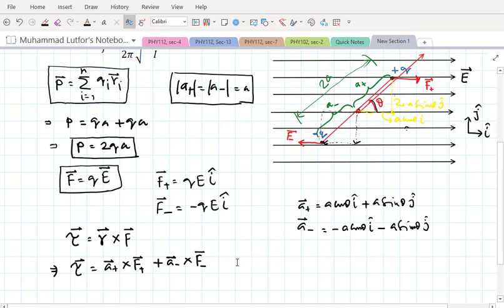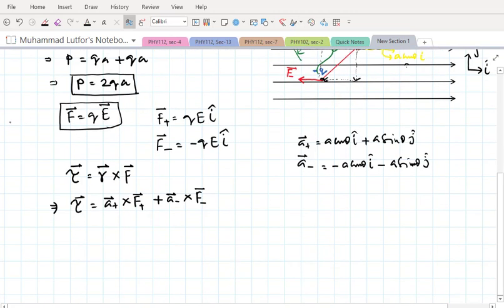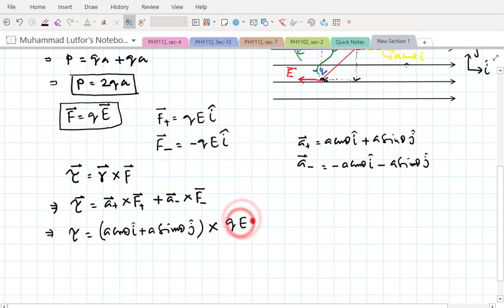Now I'm going to put that value into the torque equation, because I have to find out what the formation of this torque would be. So I can write this as A cos theta i hat plus A sin theta j hat. This is the A plus vector cross F plus, which is Q into E into i hat, plus A minus.